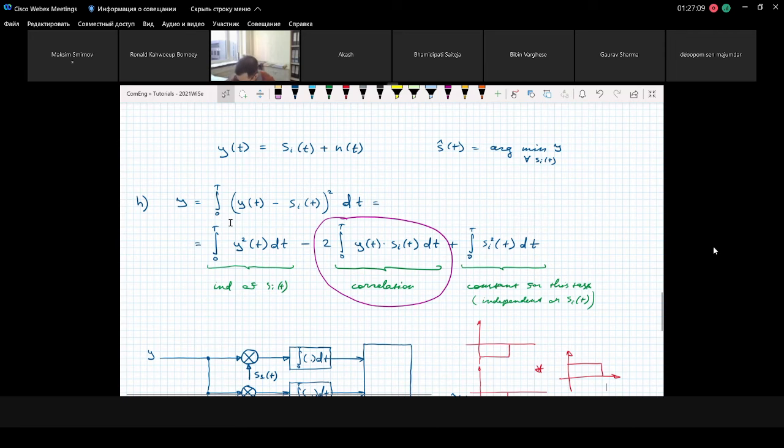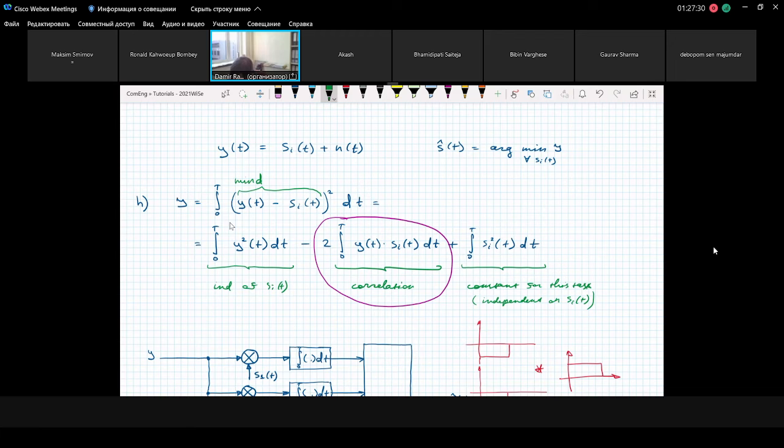So we try to minimize the distance between y of t and si of t. Or okay, not minimize distance, but we try to find the candidate which has minimum possible distance.